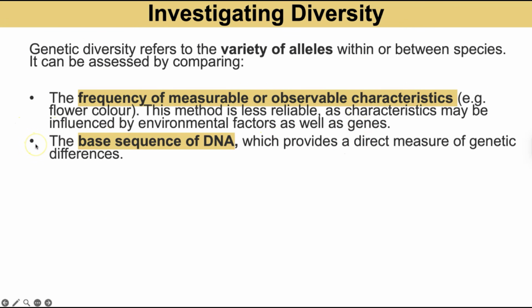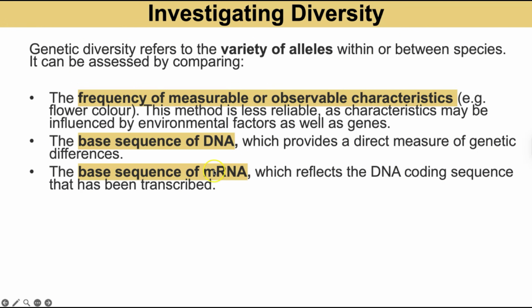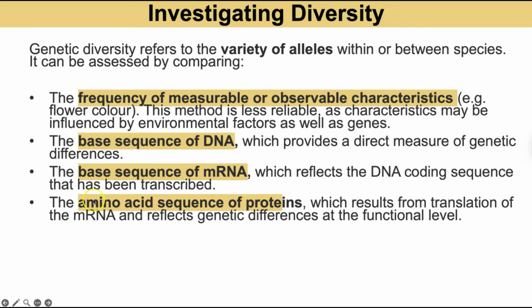So more accurate ways to compare are comparing the DNA base sequence. This is a direct measure of how similar or how different your DNA is. You could also do base sequence of mRNA because that is copied from the DNA. Or it could even be the amino acid sequence in proteins because amino acids are coded for by DNA.